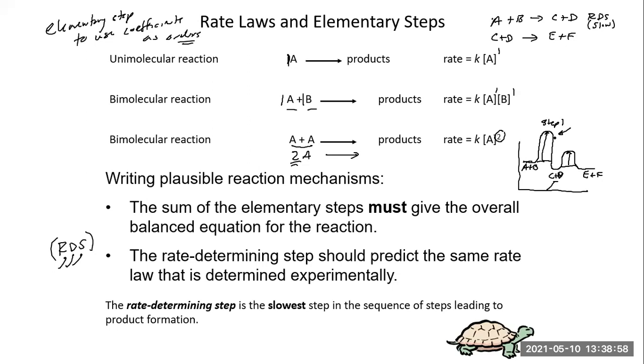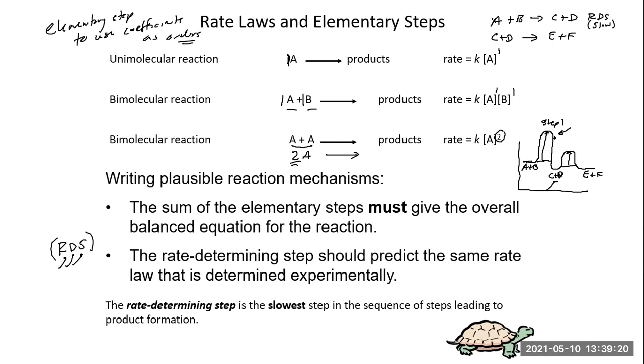Now, how do we know which one is the rate determining step, or which one is the fast step and which is the slow step? There are really two different ways you could determine that. First off, if you are given the experimentally determined rate law, it should match one of the steps.